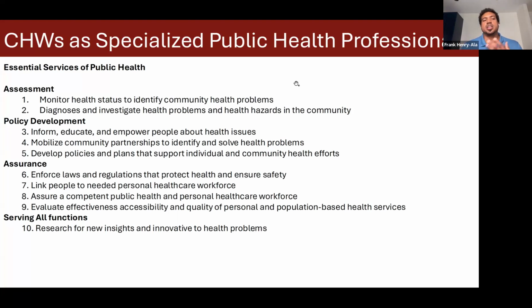And then assurance is enforcing laws and regulations that protect health and ensure safety, linking people to needed personal healthcare, assuring a competent public health and personal healthcare workforce, and evaluating effectiveness, accessibility, and quality of personal and population-based health services. That's the assurance piece.